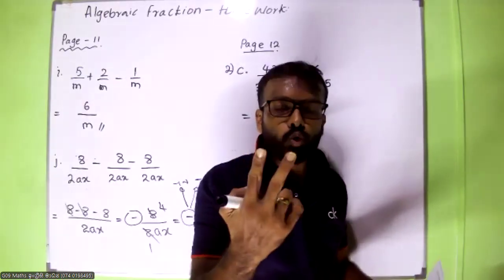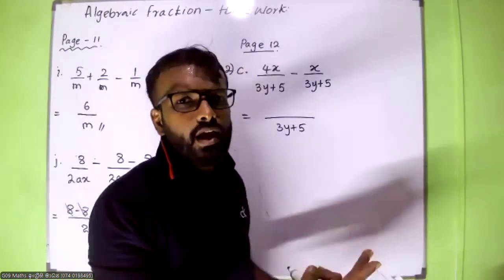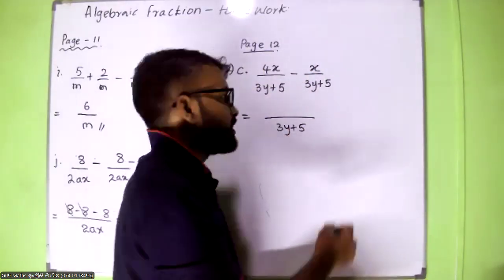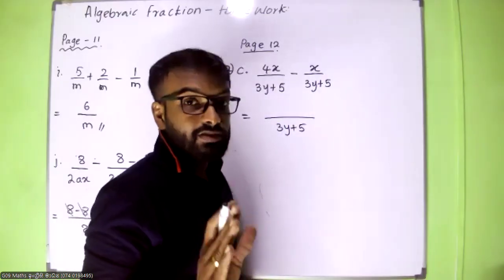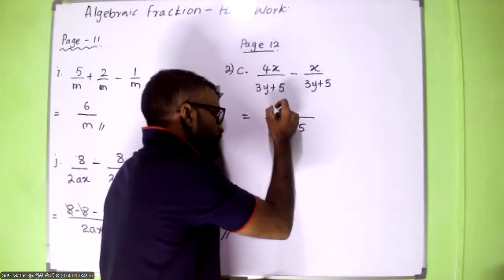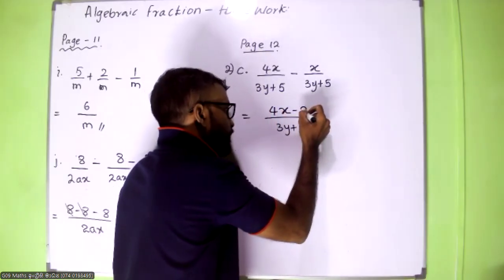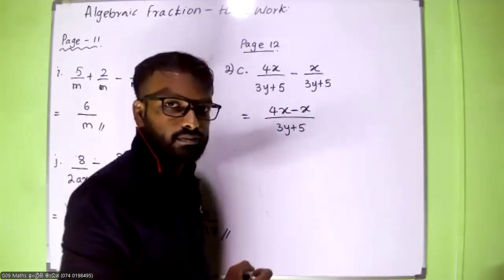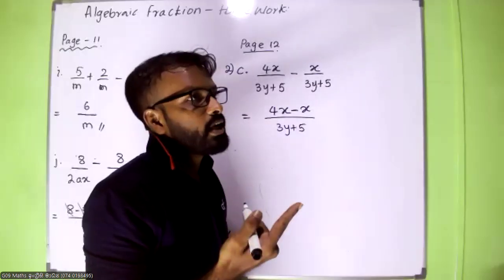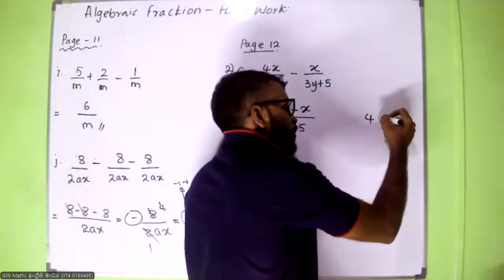Just two terms, so you have to subtract. 4x minus x. If you want, you can write it like this: 4x minus x, it is something like 4 minus 1.